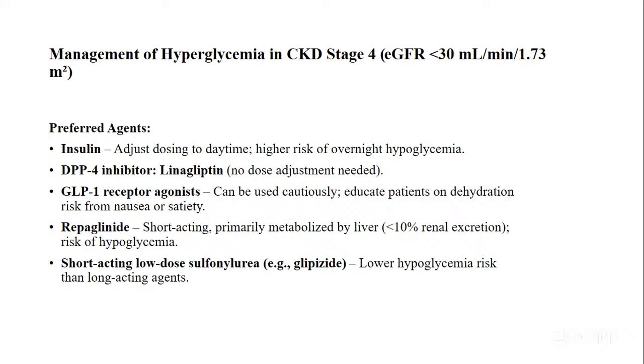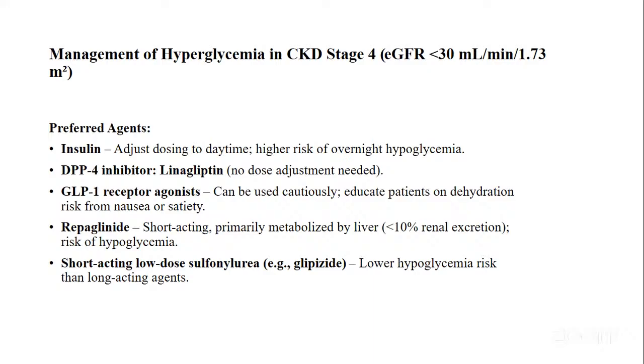This is the only one that doesn't need kidney failure adjustment. And GLP-1 receptor agonists can be used cautiously. Educate the patient on dehydration, because they have risk of nausea and satiety. The patient may have dehydration and may be predisposed to developing acute kidney injury, especially CKD patients, so we have to use these agonist drugs cautiously.